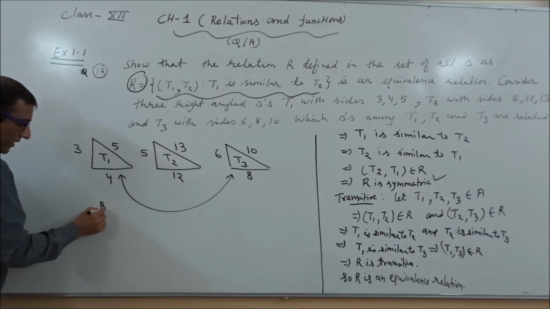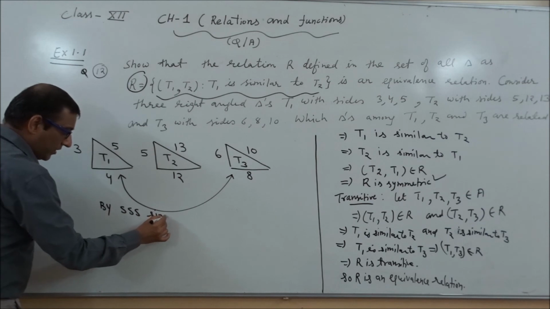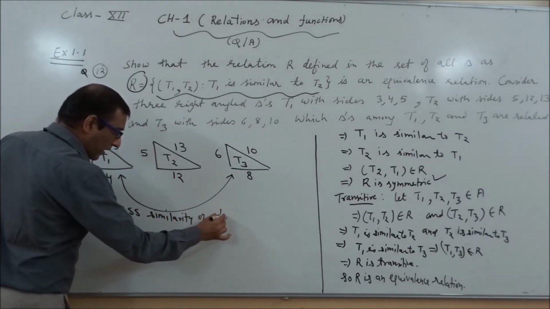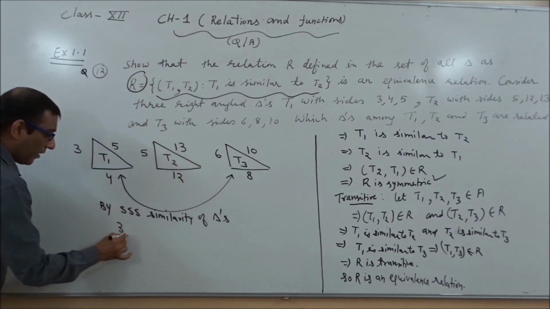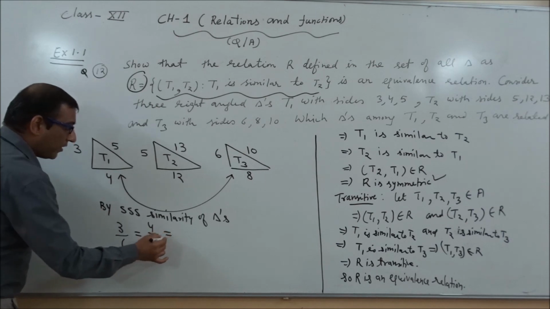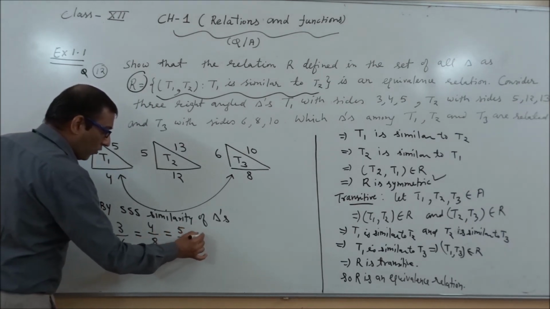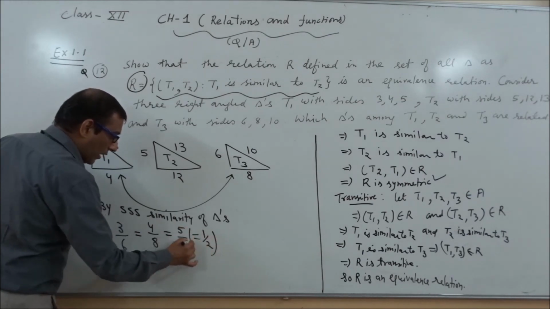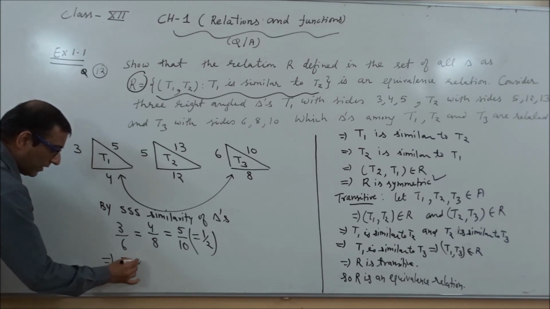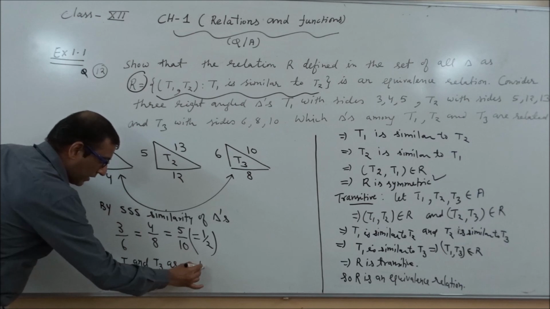So by SSS similarity of triangles, we can say 3 upon 6 equals 4 upon 8 equals 5 upon 10, and when we solve, all of these are equal to half. So it means T1 and T3 are related.